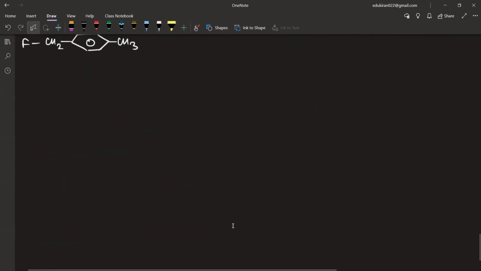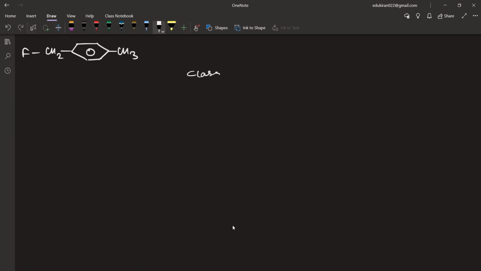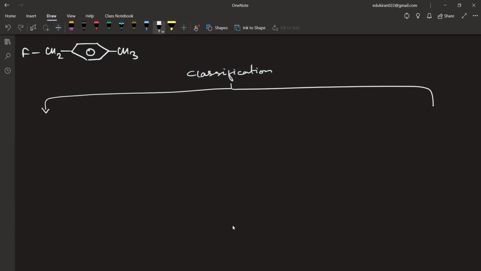So what did we learn in classification? The basic first classification that you can make is between haloalkane and haloarene. Haloalkane comes from aliphatic hydrocarbon.